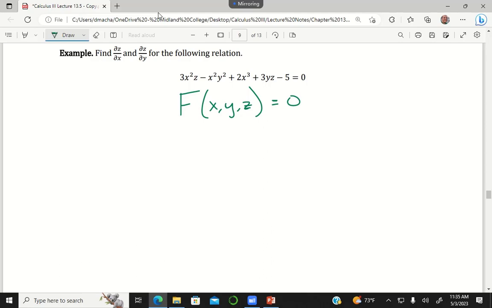So if I want to find the partial of z with respect to x, I can use that formula we just derived. That is, we can use negative partial of f with respect to x divided by partial of f with respect to z.